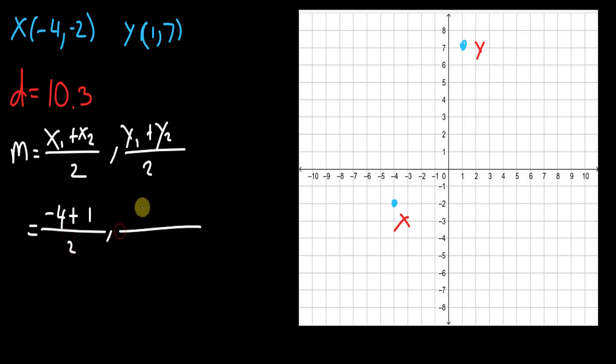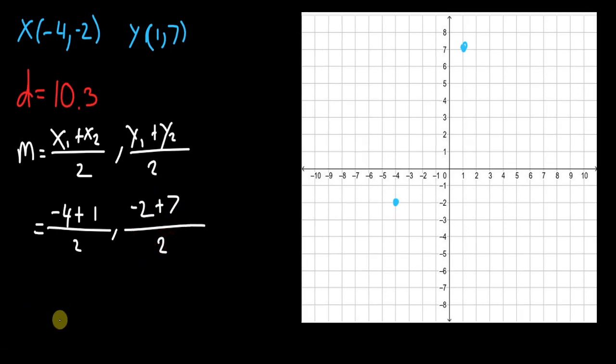How about yung y? So y sub 1 is -2 plus y sub 2, that is 7 over 2. -4 plus 1, that is -3 over 2.